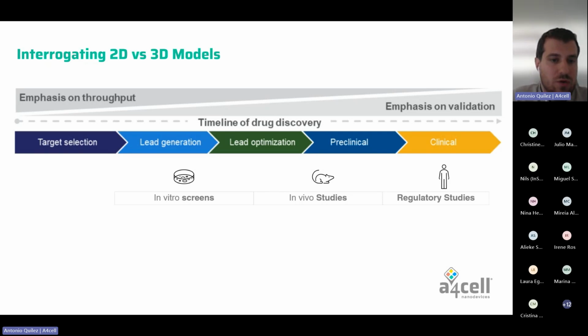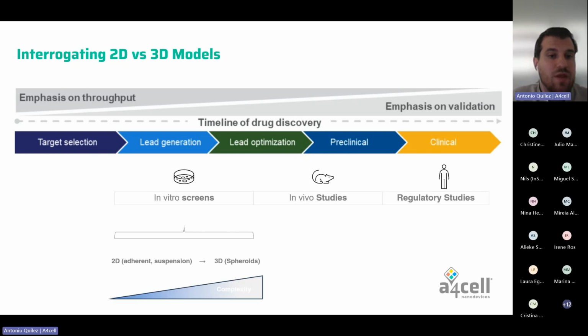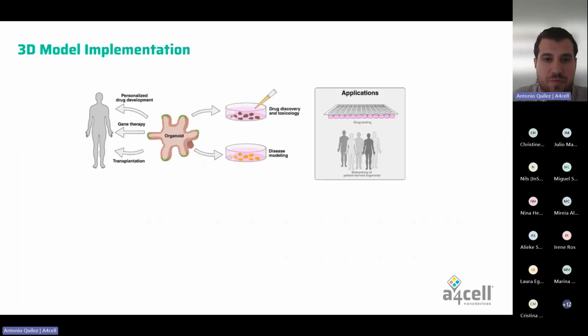So we're going to be focusing on this kind of in vitro screens, where we have already mentioned that we can begin with 2D, easy to run assays, but much less drug candidates are going to fail if our assays are more robust or more representative when using this kind of 3D models.